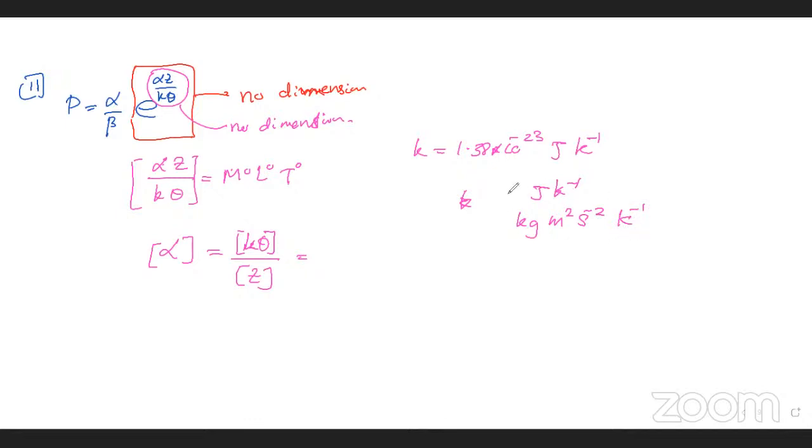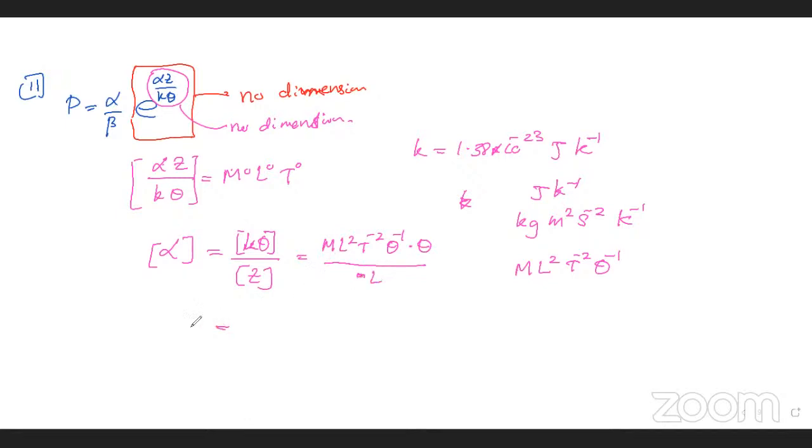So then you can get the dimensional formula of k: kilogram corresponds to M, meter to L square, and T minus 2 and theta minus 1. So k has the dimensions M L square T minus 2 theta minus 1. Theta is the temperature, so it has the dimension of temperature, divided by z, which is distance, so it has dimension L.